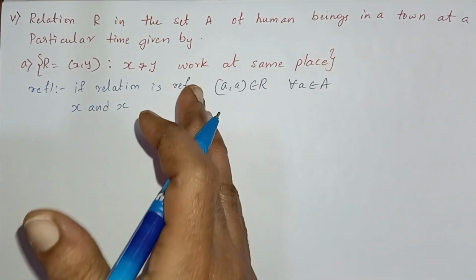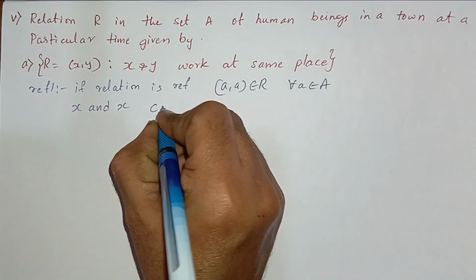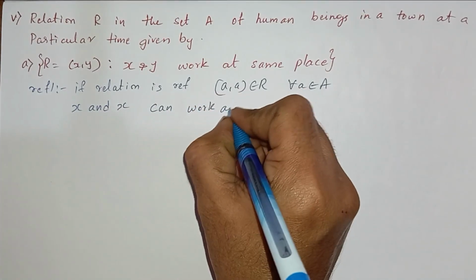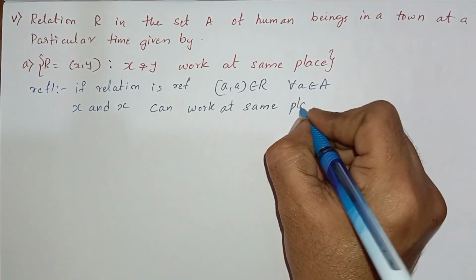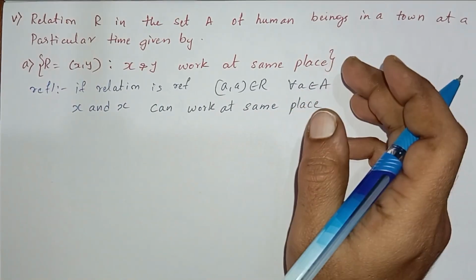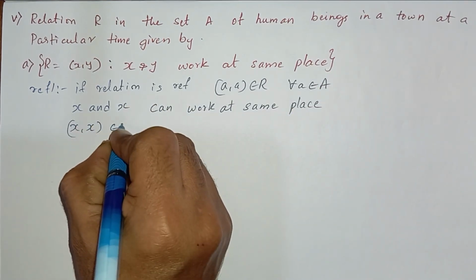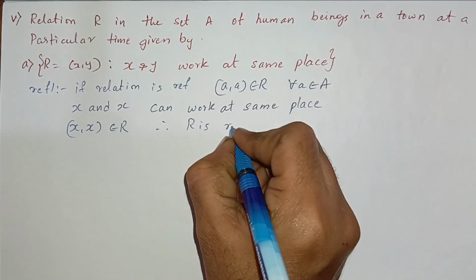If the same person is taken, he is working at the same place as himself. So (x, x) belongs to R. Therefore R is reflexive.